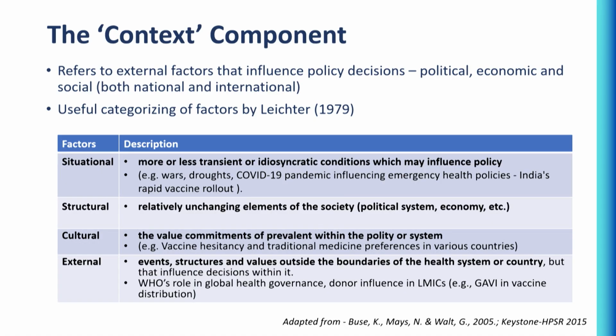For example, situational factors are more or less transient or idiosyncratic conditions which may influence policy. There could be war, there could be a drought, the COVID-19 pandemic influencing emergency health policies, India's rapid vaccine rollout. The situation was so terrible at that time that we had to take fast decisions.